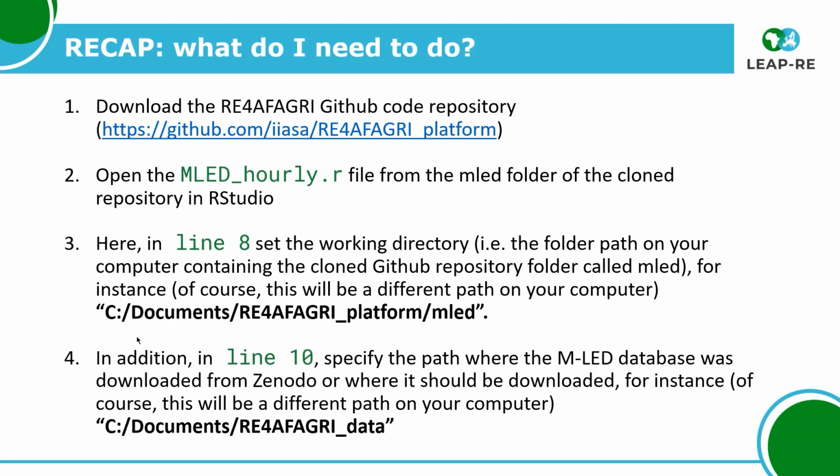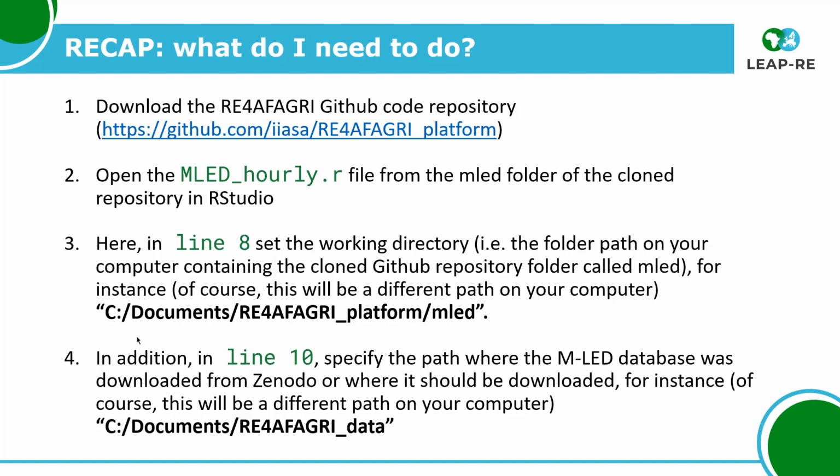So just as a recap, what I need to do to configure MLAT on my computer, besides installing R and RStudio, is download the RE4AFAGRi code repository from GitHub. I need to uncompress it to extract it. I need to open the mlat-hourly.r file from the mlat folder in my RStudio.